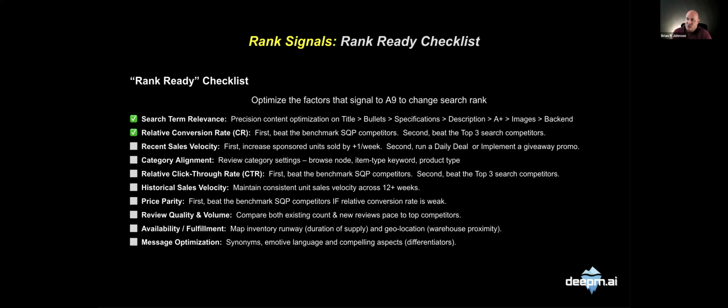The first thing I would do when it comes to relative conversion rate is take a look at your Brand Analytics search query performance report at the ASIN level, and calculate your conversion rate, your click-through rate, your relative price, your relative sales velocity, your market share. Those all have a high value in determining whether or not you should be going after a search term or not.